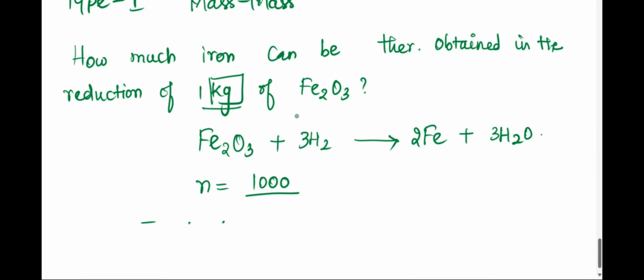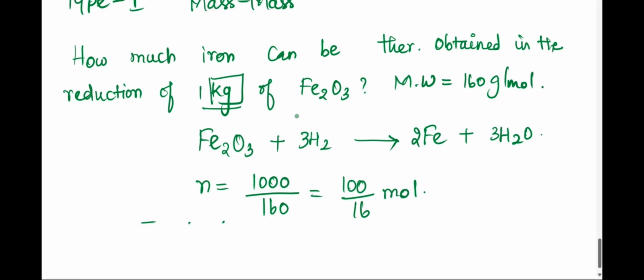So 1000 grams divided by 160, which is the molecular weight of iron oxide, ferric oxide. Okay, so I'll be getting mostly 100 by 16 moles.